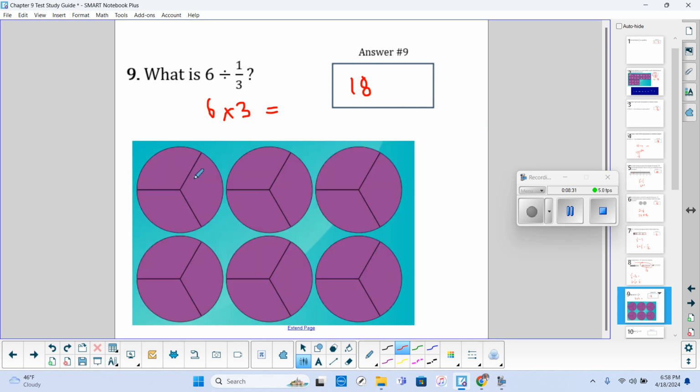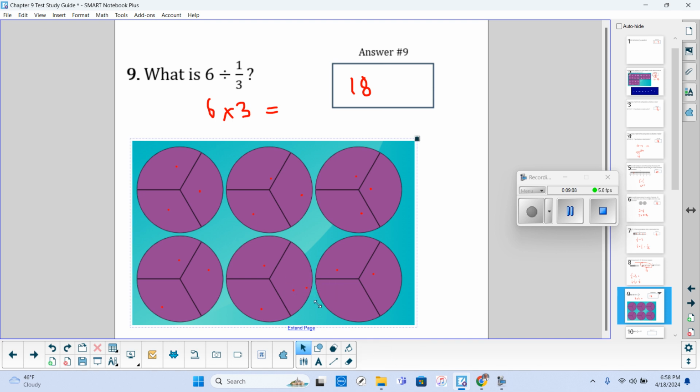Imagine I have 1, 2, 3, 4, 5, 6 whole circles, and each of the circles is broken up into groups of 1/3. So that's 1 group of 1/3, 2 groups of 1/3, 3 groups of 1/3, right? So 3/3. Well, how many groups of 1/3 are there? 1, 2, 3, 4, 5, 6, 7, 8, 9, 10, 11, 12, 13, 14, 15, 16, 17, and I'll move that dot over there to make that 18.